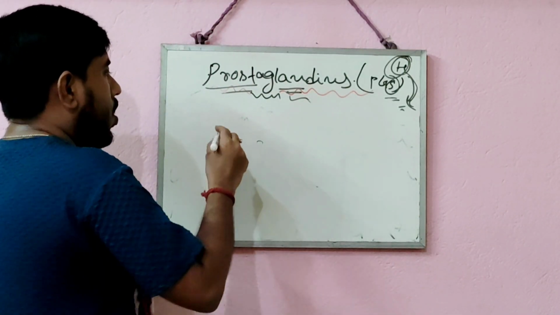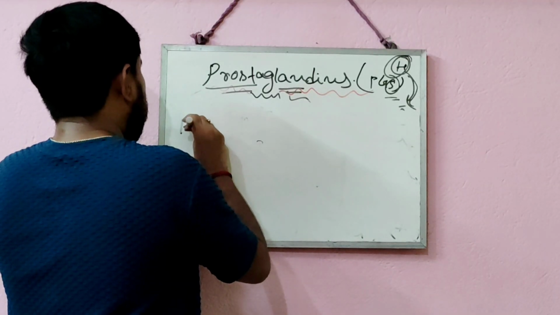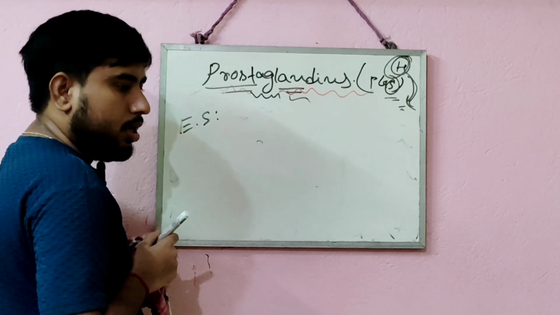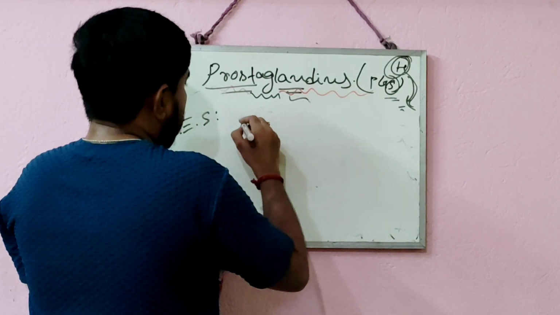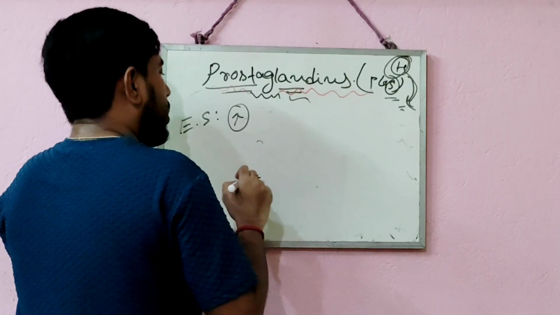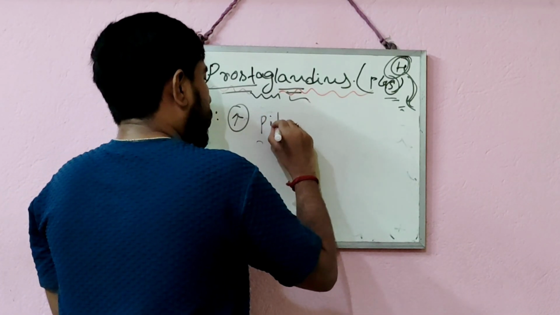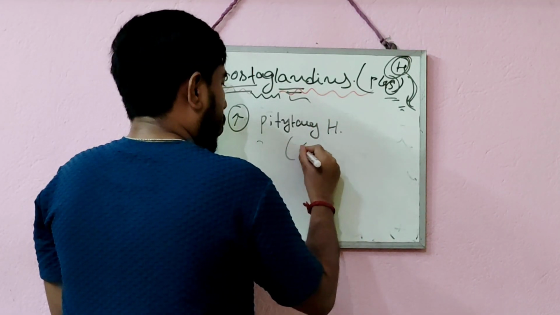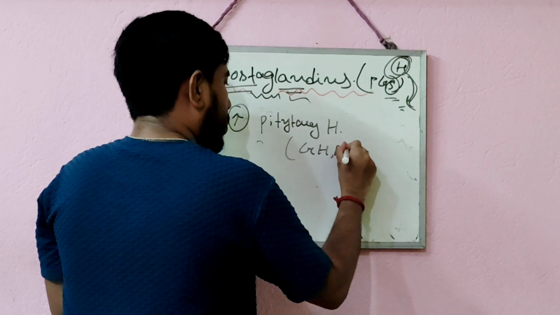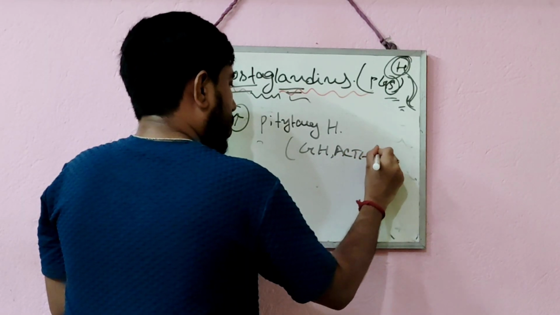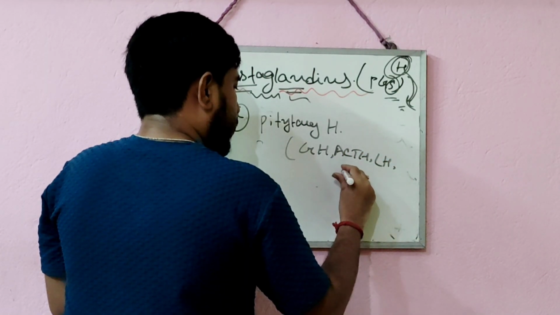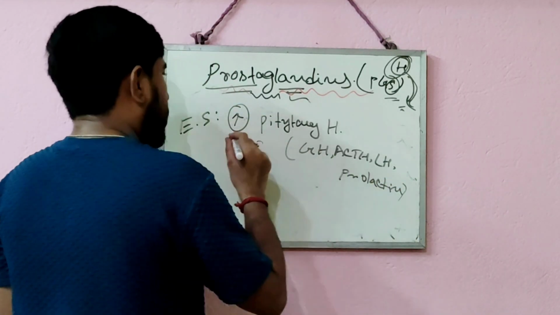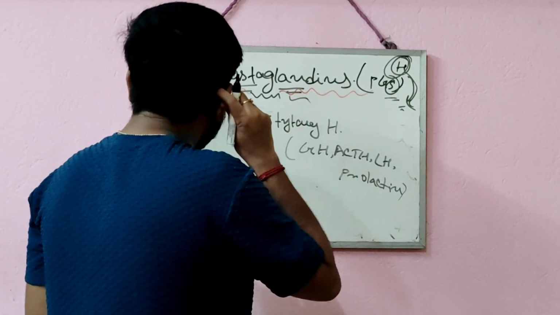Now we'll discuss the role of prostaglandin in the endocrine system. In the endocrine system, it generally helps induce the secretion of different pituitary hormones like growth hormone, adrenocorticotropic hormone, luteinizing hormone, prolactin, etc. So what is the role of prostaglandin in the endocrine system?